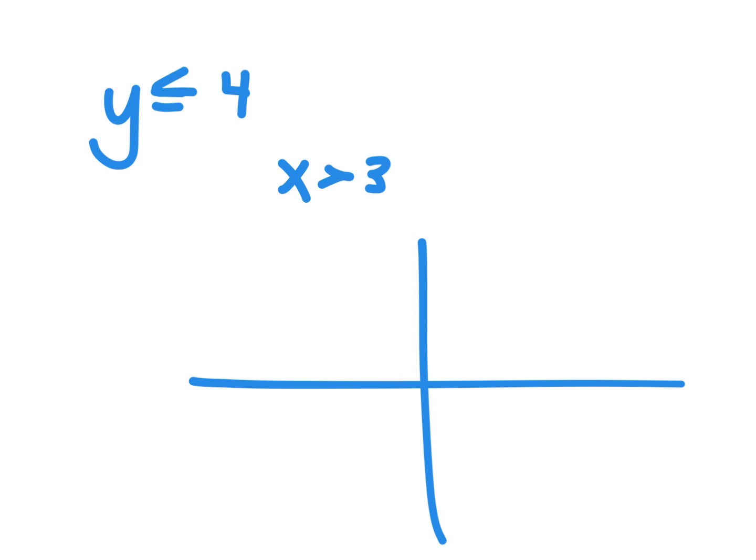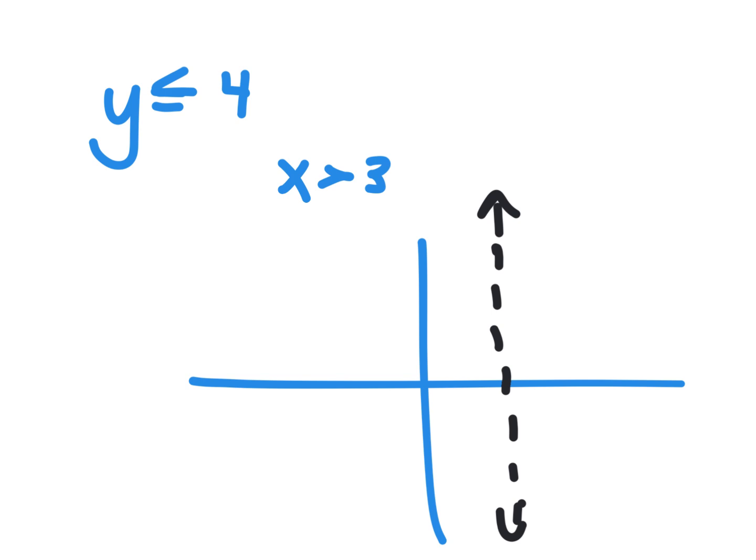The y-axis is like this, but that's x equals 0. So x equals 3 would be here, and I don't want it to be a solid line, I want it to be a dotted line because it doesn't say or equal to. Are you on the right track so far? And then y is less than or equal to 4.